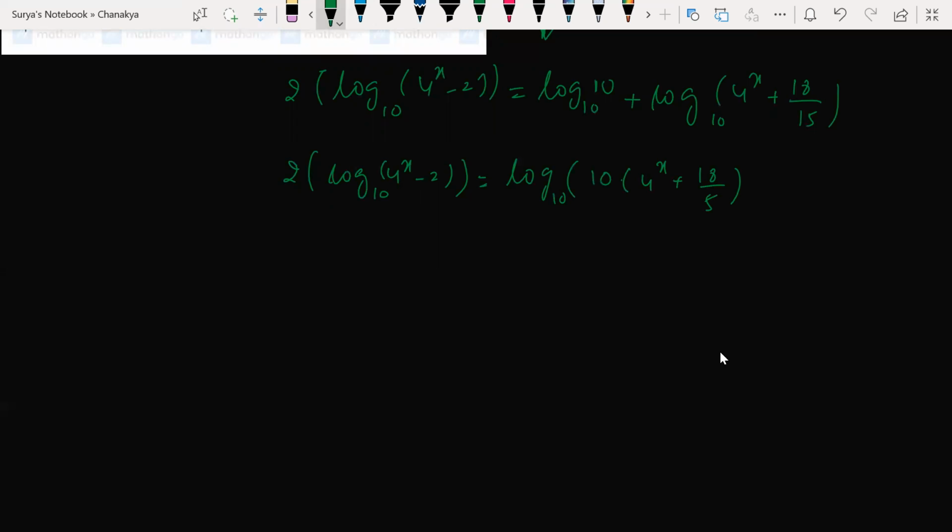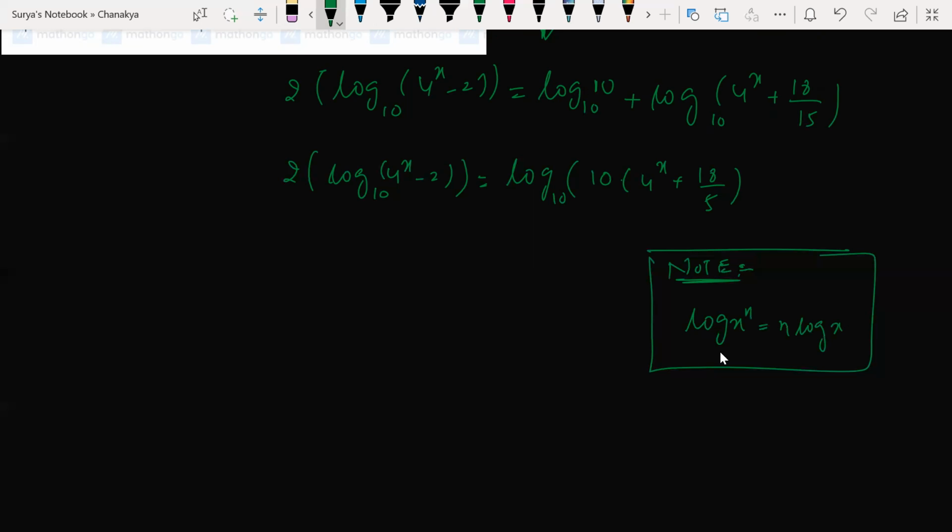Sir, you have 2 here. How can you remove the log? As we know the formula, if I have log x to the power of n, this n will jump forward: log x to the power of n can be written as n into log x.